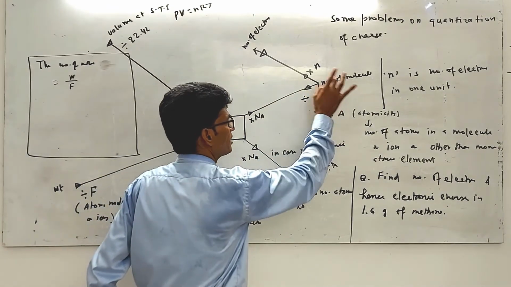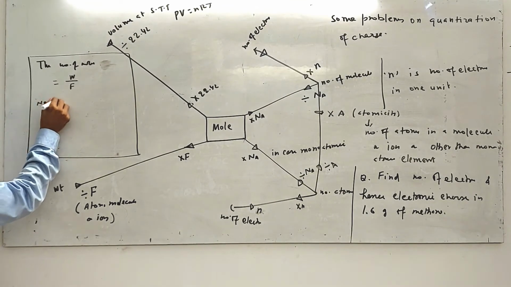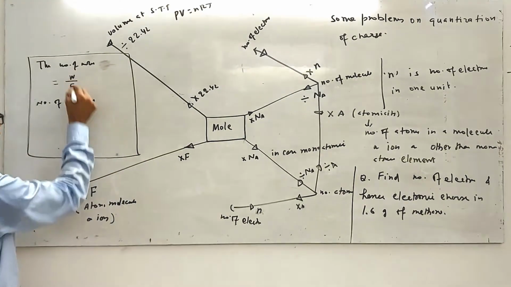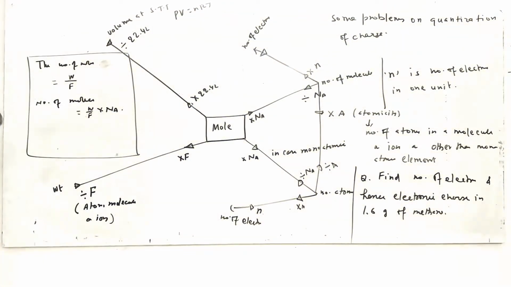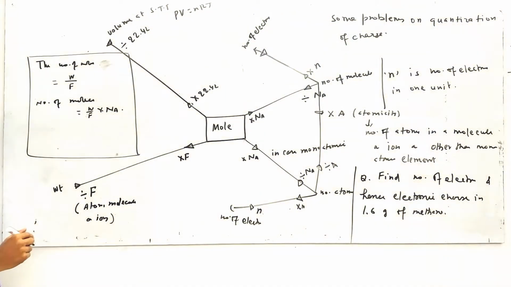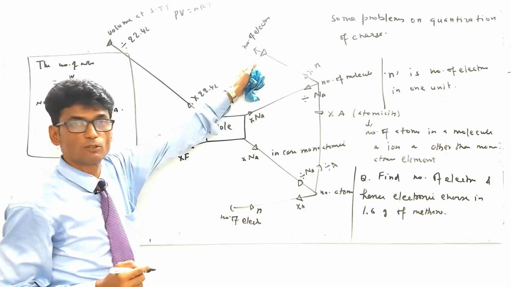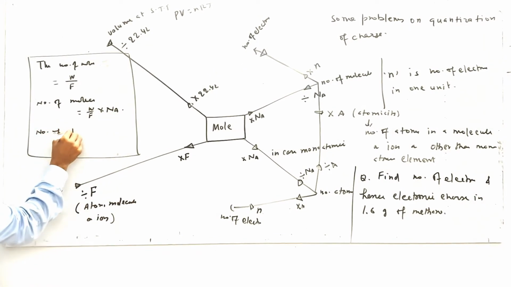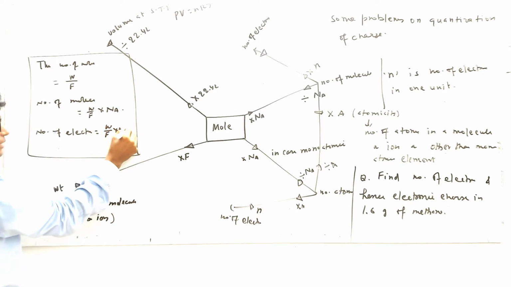Now the next station is the number of molecules. The number of molecules is the number of moles, W by F, multiplied by Avogadro number Na. Now the number of electrons: finally we have arrived at our destination, home. The number of electrons is W by F into Na into a small n.